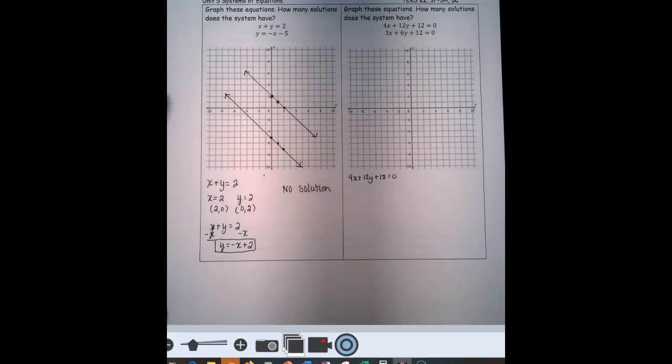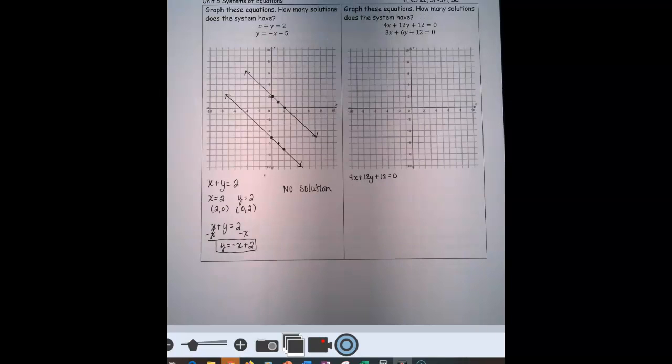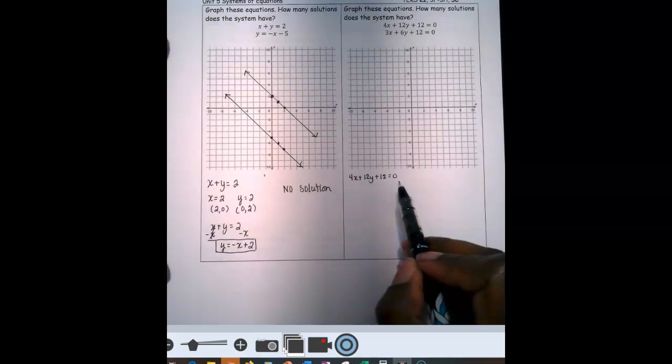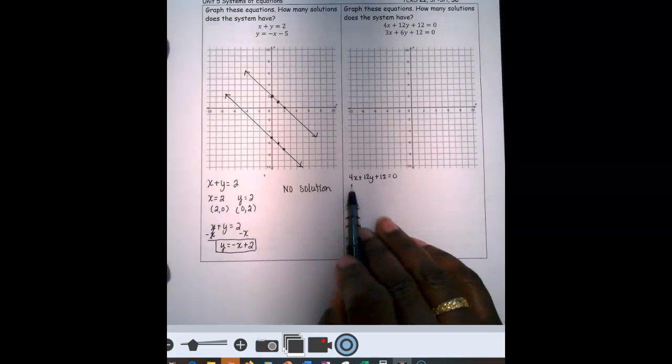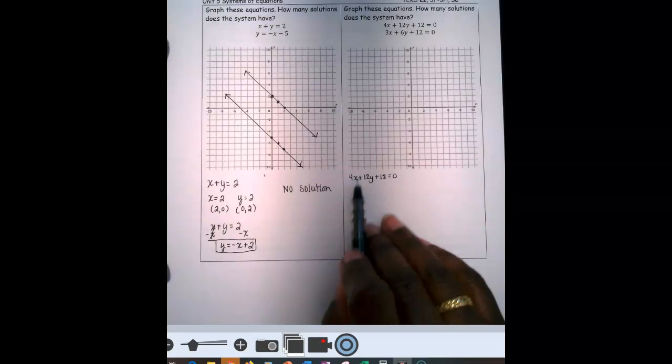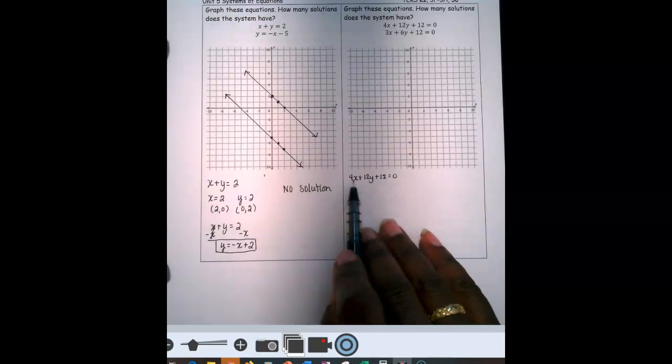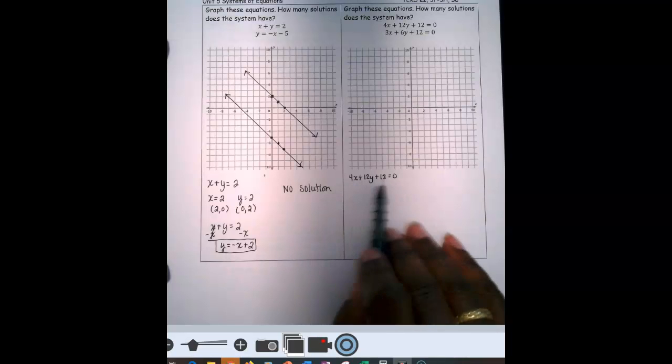We've moved on to the next graph that we're going to do. What I'd like to do here is solve for y. So I know that by solving for y, I need to put 4x on the other side of the equal sign as well as 12 on the other side of the equal sign. Looking at the signs in front of both of them, I know they're both positive.